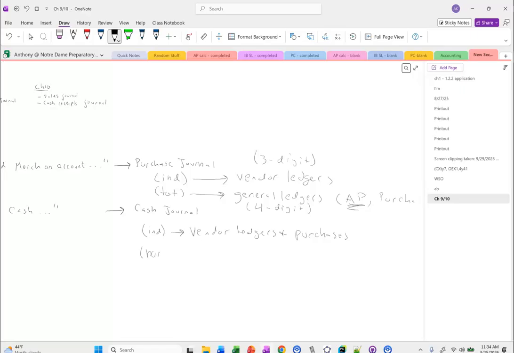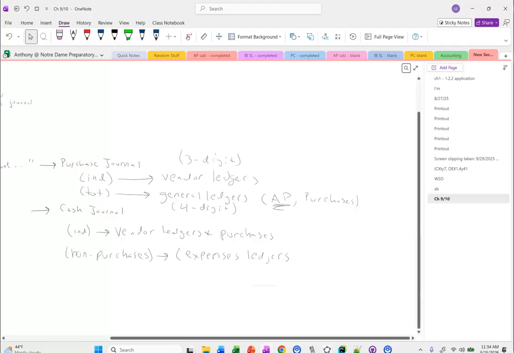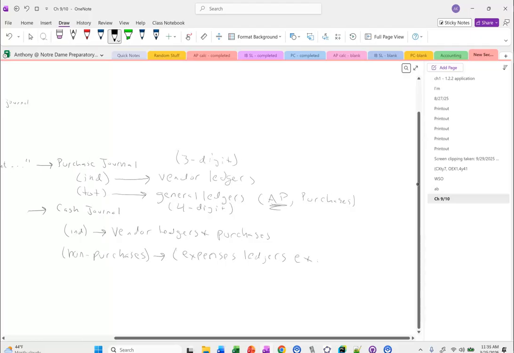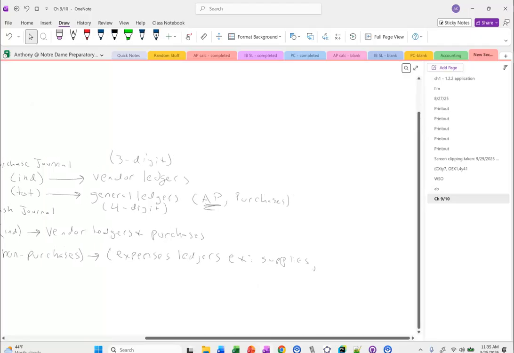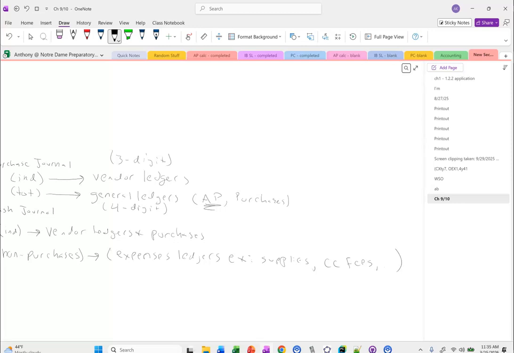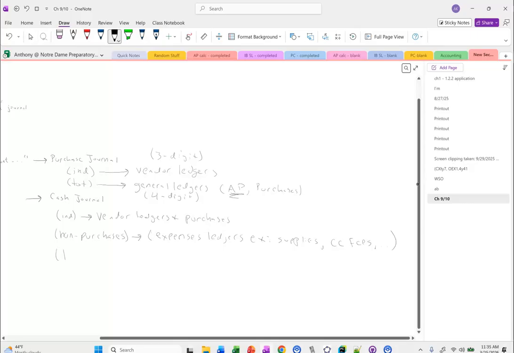But you can also have non-purchases, because we can pay cash out for things that aren't buying merchandise. Like if you're paying your rent or a credit card fee, those would go into one of our expenses ledgers, for example supplies or credit card fees, or whatever they might be. You could have all kinds of different sorts of things.